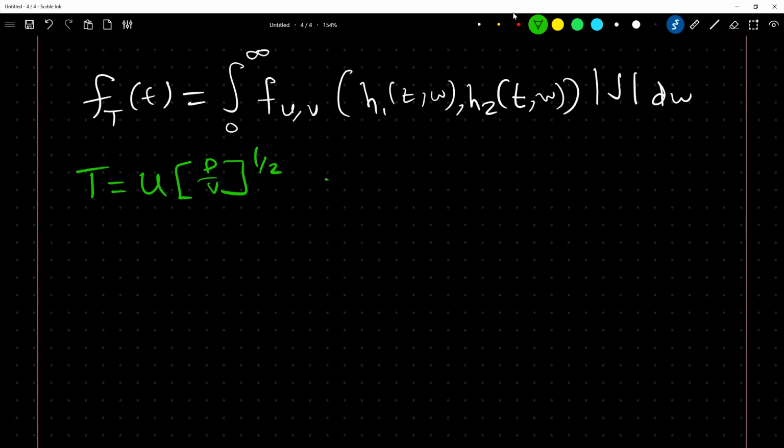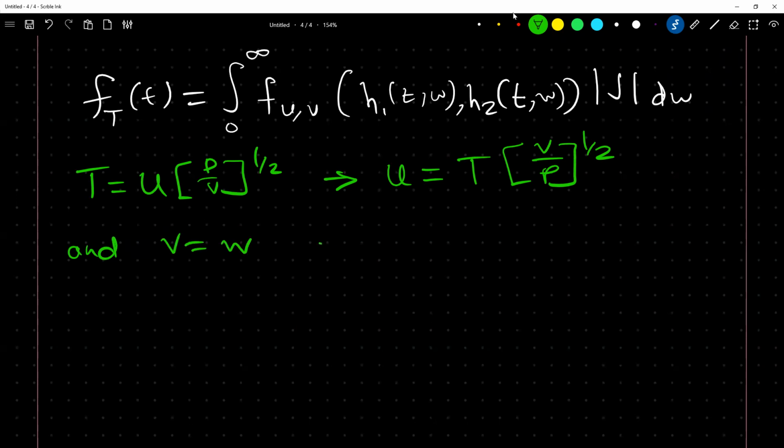And then I want to write u equals t times v over p to the 1/2 power. And then I also want to substitute v, so say v equals w. So eventually I'm going to get u equals t times w over p to the 1/2, like this.